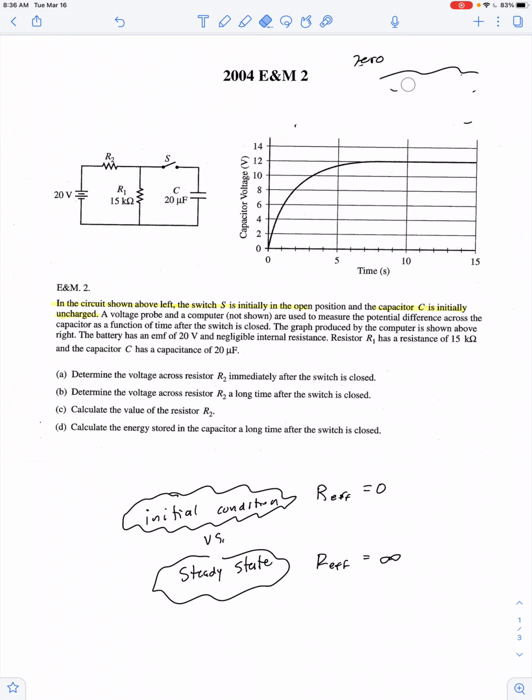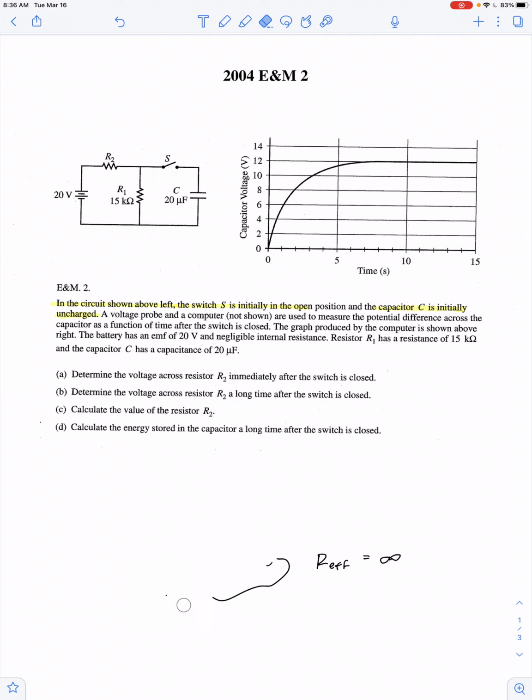So let's use this as an example of applying this idea that a capacitor behaves like a resistor of 0 resistance in the initial condition and infinite resistance in the steady state. Our switch is closed, and a graph of the voltage across the capacitor is shown, so I guess there was a voltmeter placed here in the circuit.